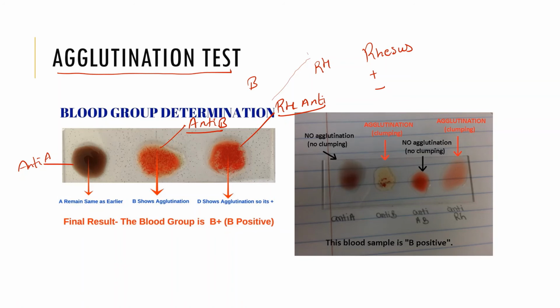As the blood shows agglutination in this spot, that means there's presence of RH factor. That's how you become positive and negative for the RH factor.